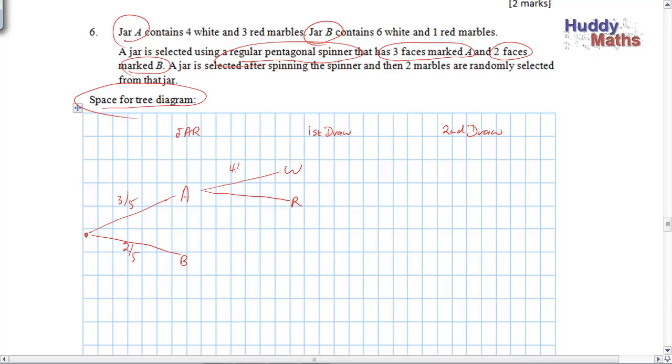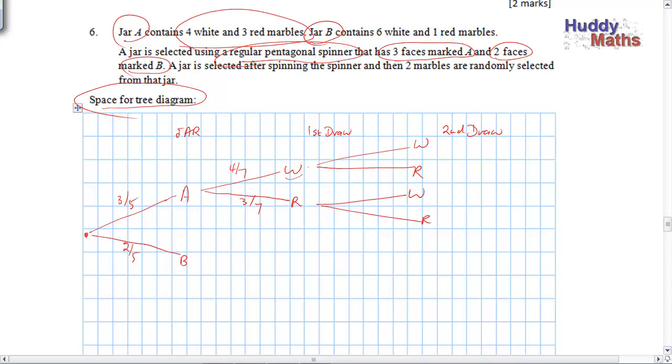Okay, so once you do that, you could draw a white or a red out of jar A. White is 4/7 because, going back up here, in jar A, 4 out of 7 are white, 3 out of 7 are red. And then we could go on to the second draw, white and red, or white and red. So let's go through that.